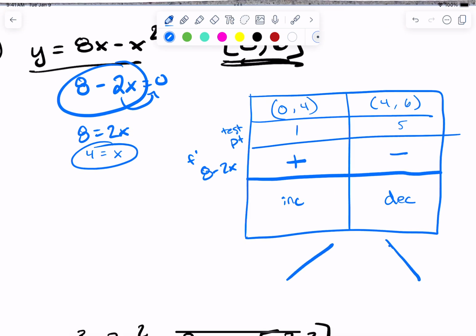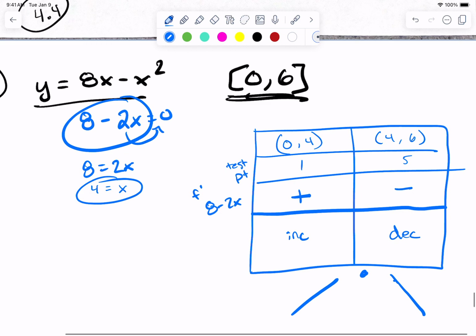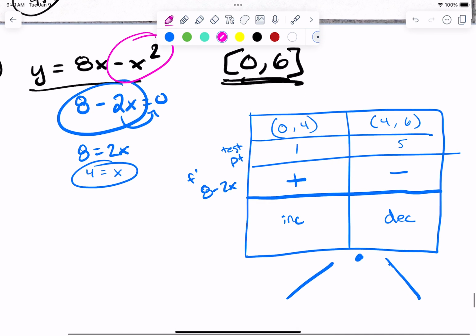Here's the deal. We have a maximum, and this thing's going to look like a parabola. We know he's a downwards parabola. So this is not only a maximum, but the absolute maximum, because he's going to be down on both sides.